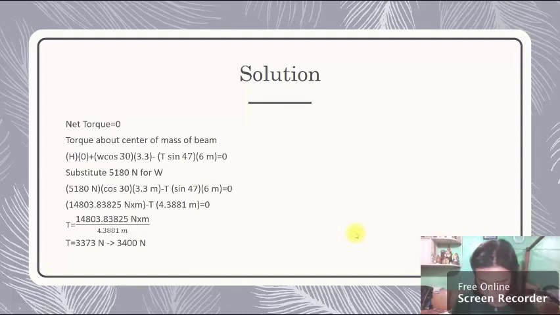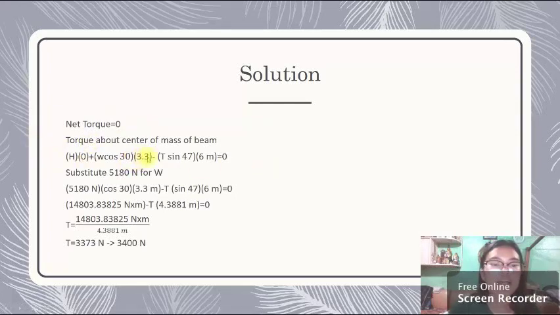So for the net torque, since the beam is in equilibrium, net torque is 0. And then the torque about the center of mass of the beam, we're going to use this equation.